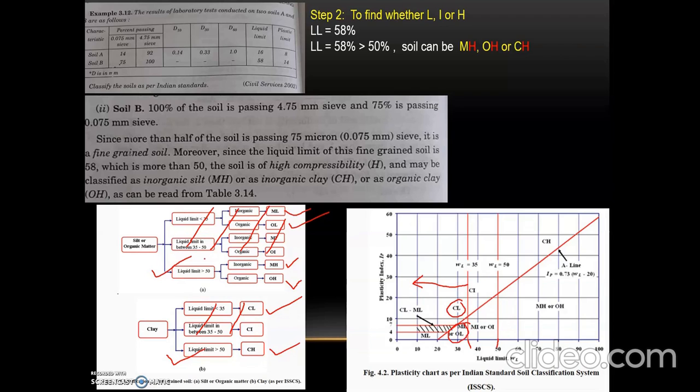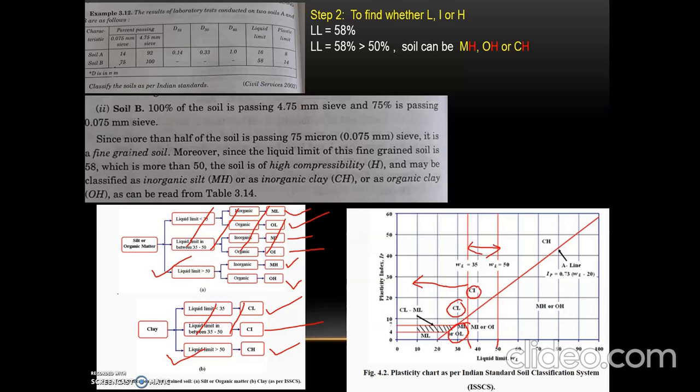Then the second condition: if the liquid limit falls between 35 to 50, then it can be MI, it can be OI, or it can be CI. That is what can be seen from the plasticity chart.